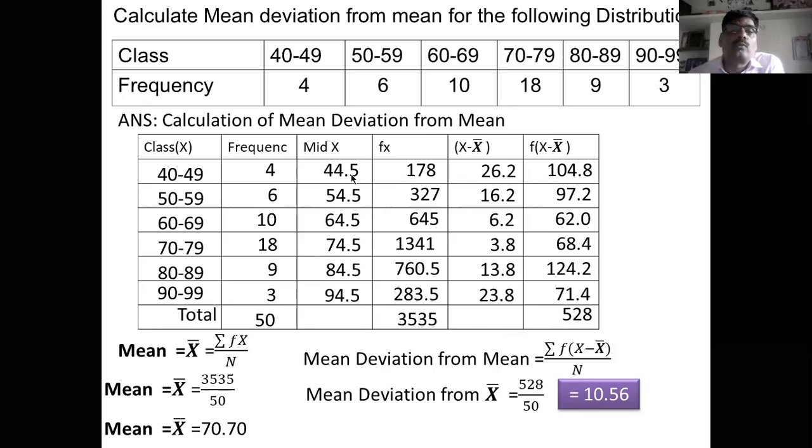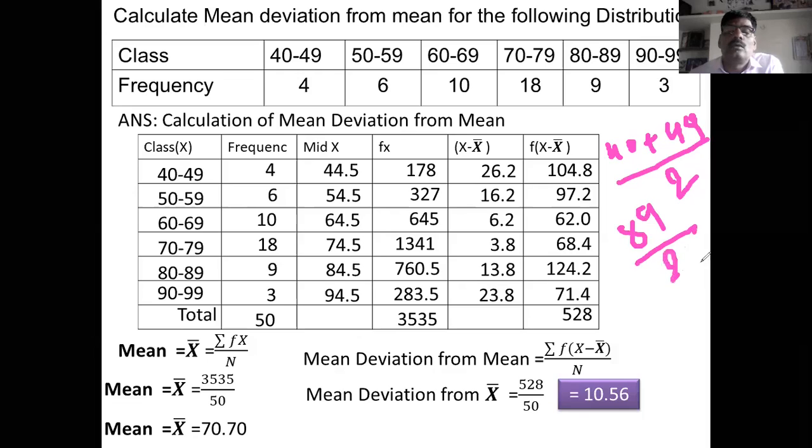Mid x is 44.5. How is it? 40 plus 49. What is the total? 89 divided by 2 is equal to 44.5.